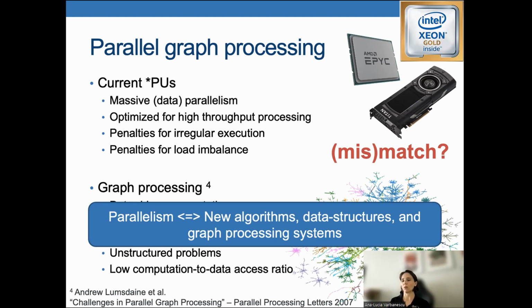So where are we now? We have many parallel algorithms for graph processing, and the key challenge becomes how we use the existing hardware or the existing systems efficiently to get good performance without being very, very inefficient.